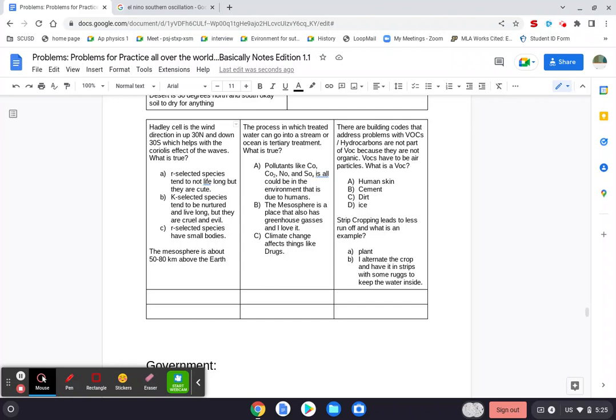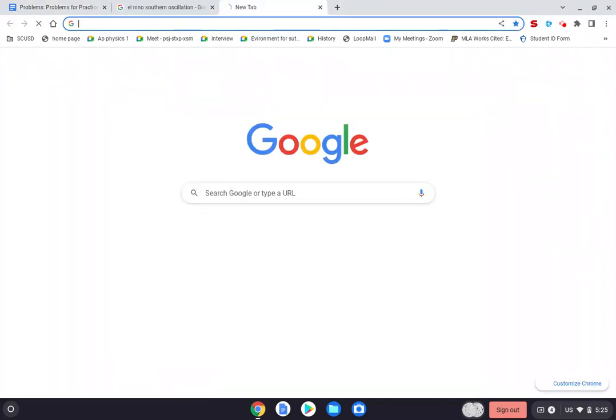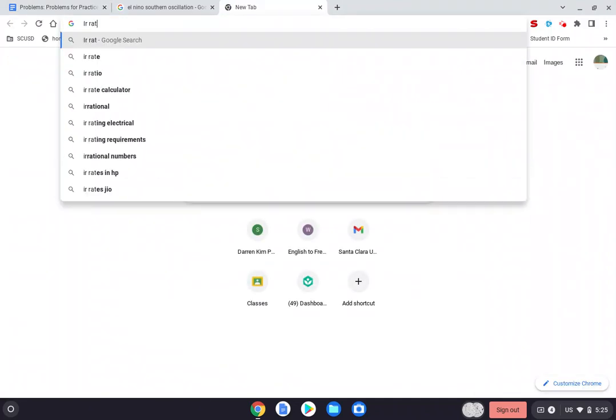Thermosphere is where the heat of radiation is, apparently. What's IR radiation?